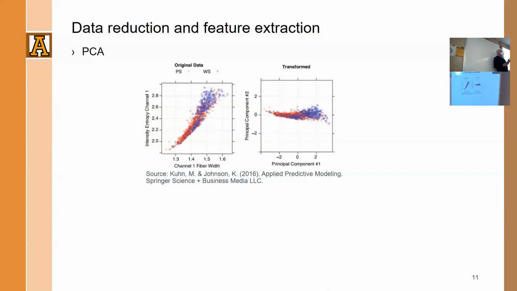We have to be careful to remember which transformations we apply to the pre-processed data. Now, there is an easy way to do that. When we talk about the train function, we'll see that the pre-processing can be done with the training in the train function. And that has the advantage that the train function will remember exactly what you did.